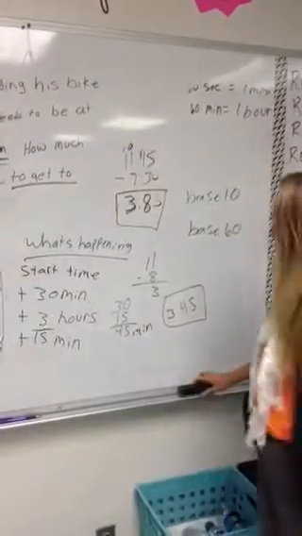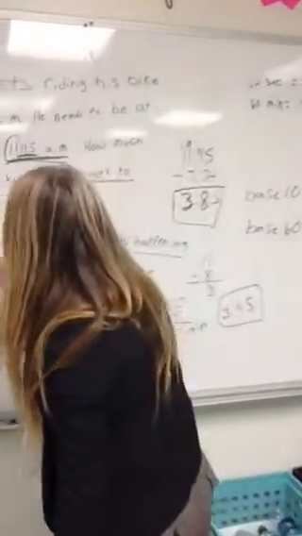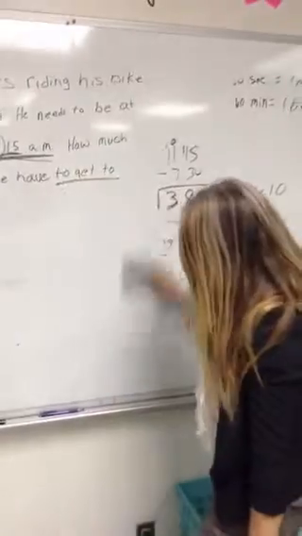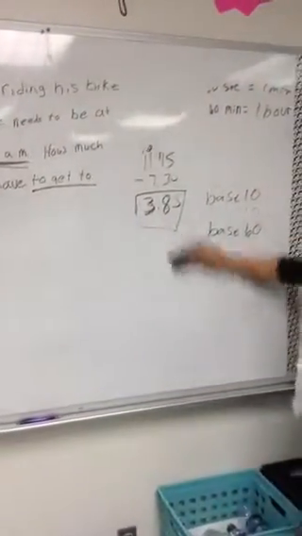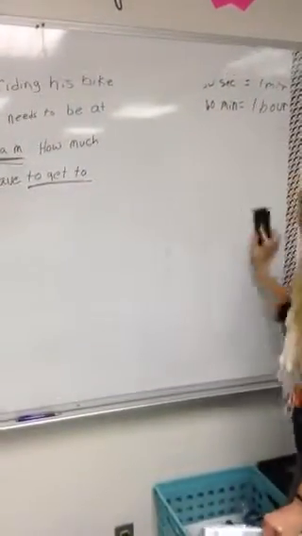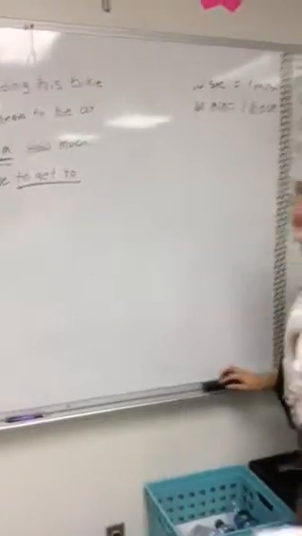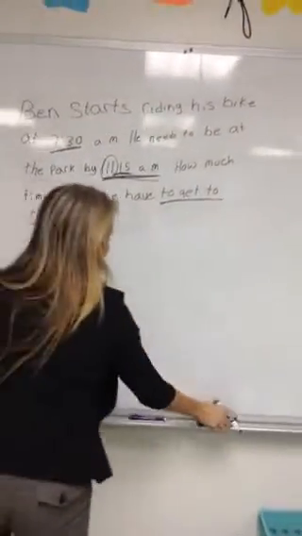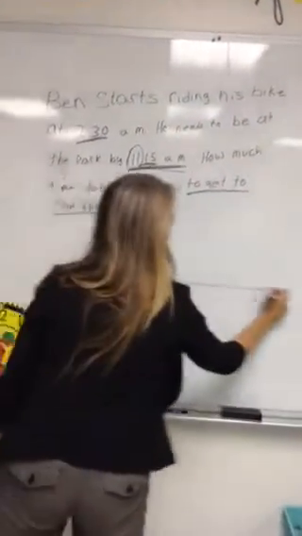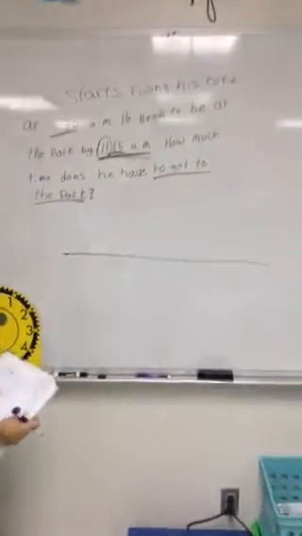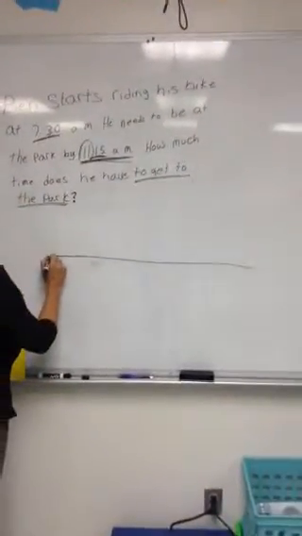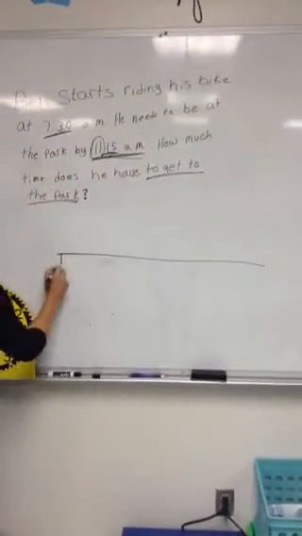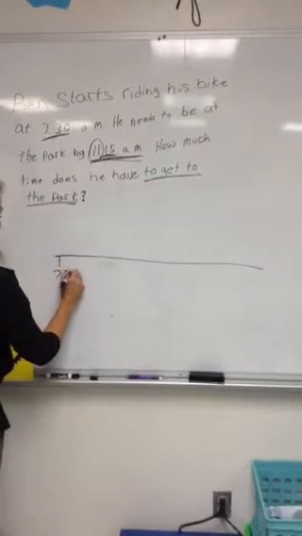Okay, the second way to teach this is through a linear approach by using a number line. So we'll draw a line, and on our line we'll label it hours. So we'll start with 7 o'clock.